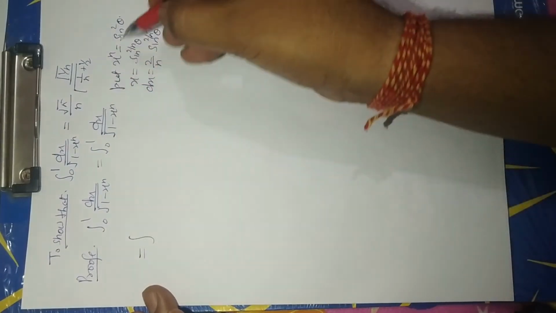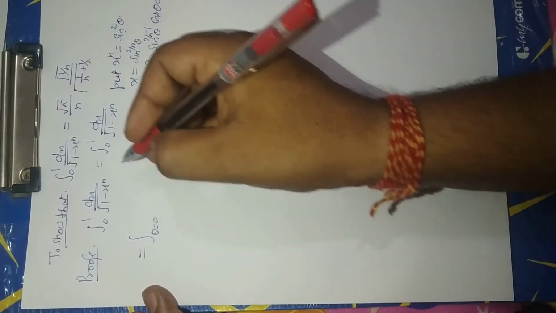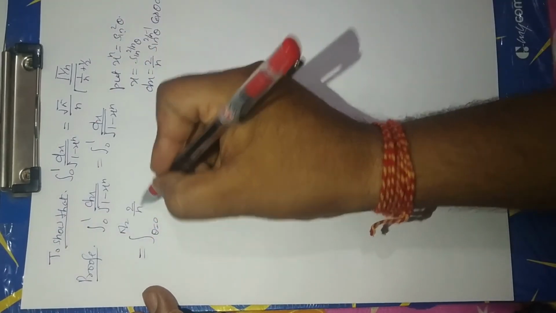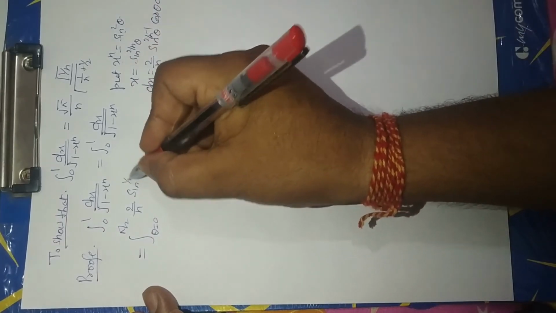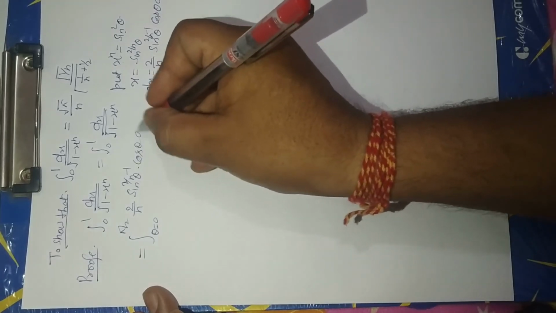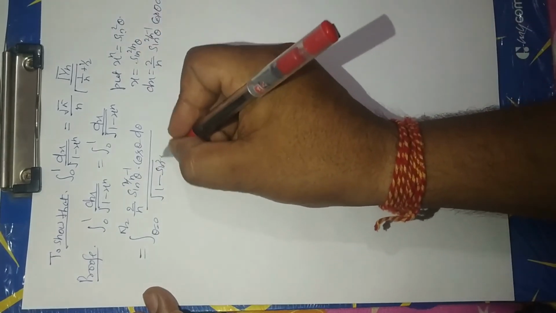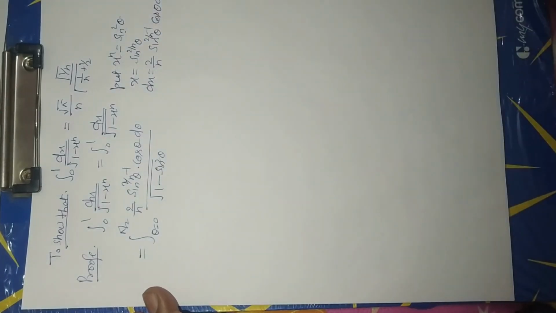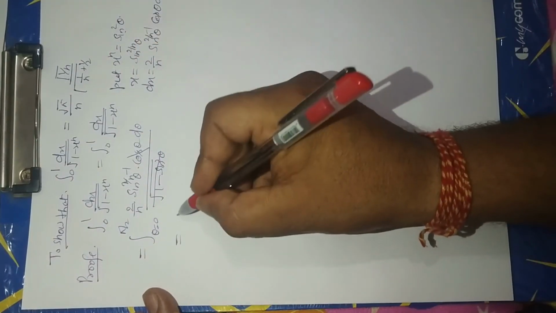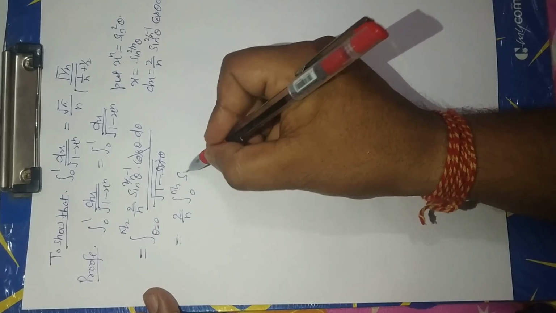Now the limit of x is converted into the limit of theta: x equal to 0, theta equal to 0; x equal to 1, theta equal to pi by 2. dx is 2 upon n sin whole power 2 upon n minus 1 theta cos theta d theta upon under root 1 minus sin square theta, and 1 minus sin square theta is equal to cos theta, cancel by this.